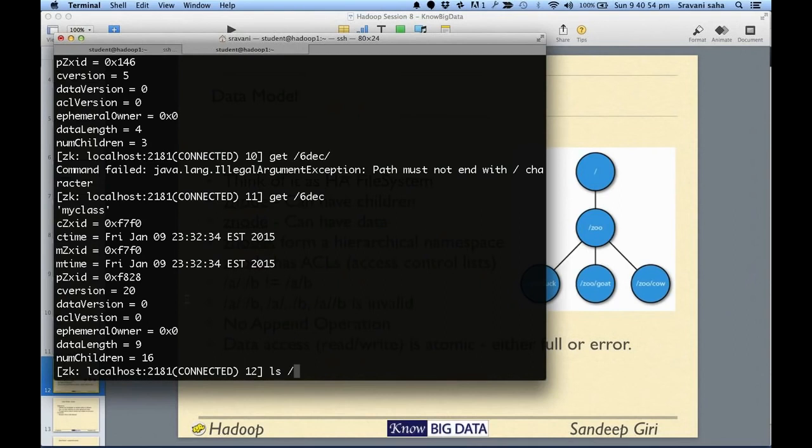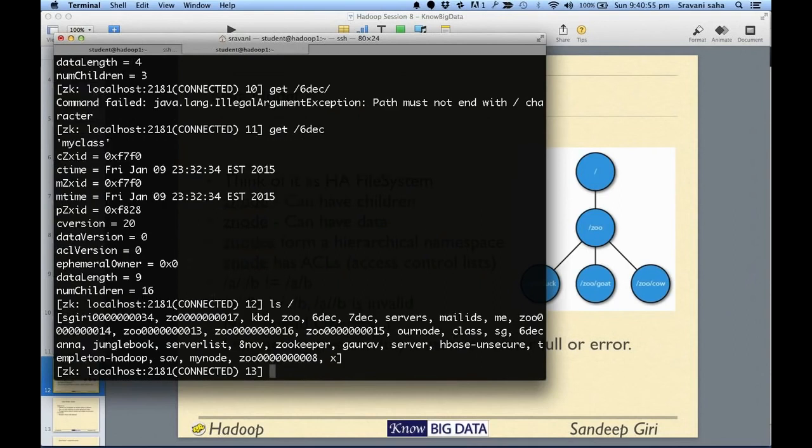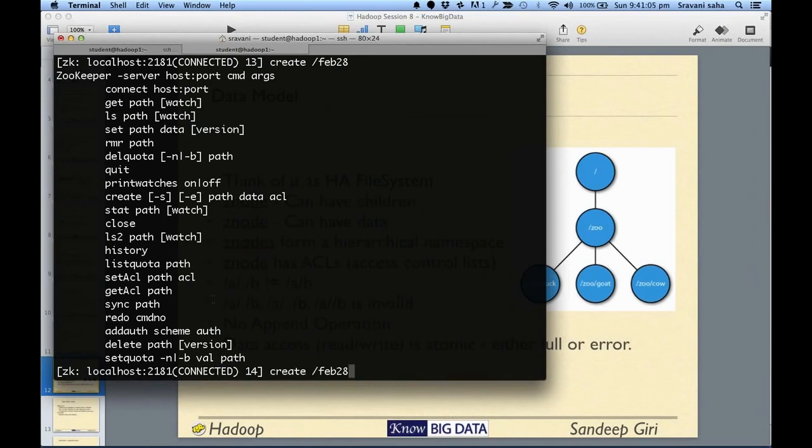All right, now let's try to create a node here. We want to call it fab28. So we say create, and here we put some data in it. What data do we want to put in?